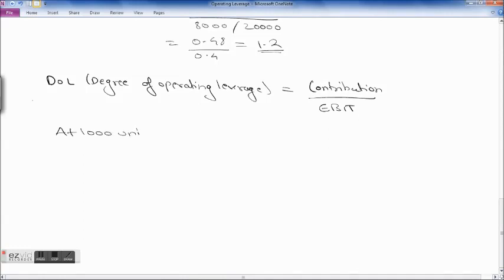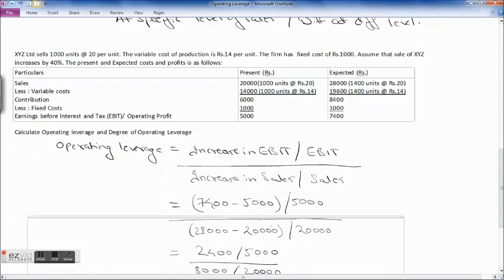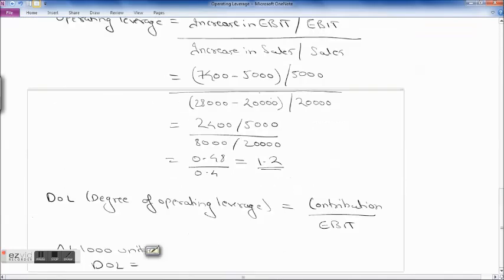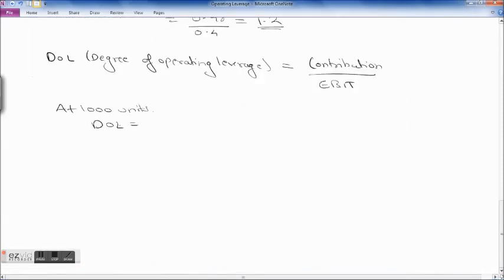So at 1000 units, how much is the contribution? Contribution is 6,000, divided by your EBIT of 5,000 at 1000 units. So 6,000 upon 5,000 comes to 1.2.